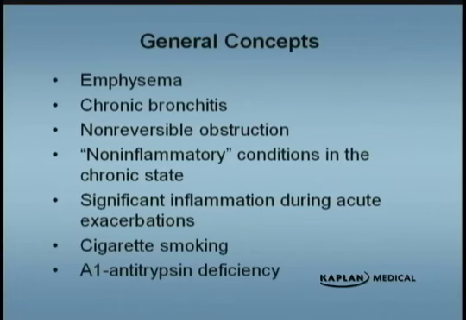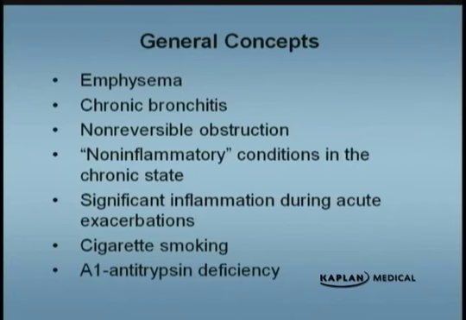Chronic bronchitis, on the other hand, is a clinical diagnosis. Most of these patients have productive cough 2-3 months out of the year for consecutive years. So even though both are chronic obstructive lung diseases, emphysema is more of a pathologic diagnosis, and chronic bronchitis is more of a clinical diagnosis.